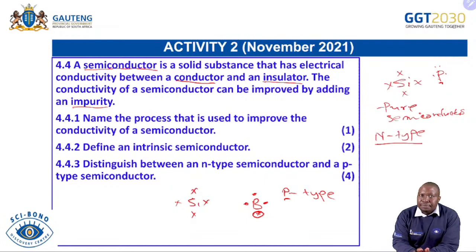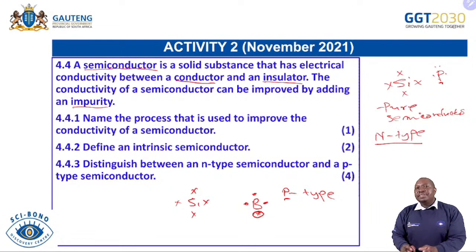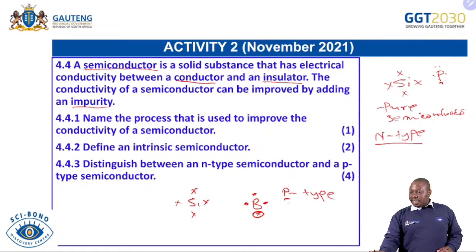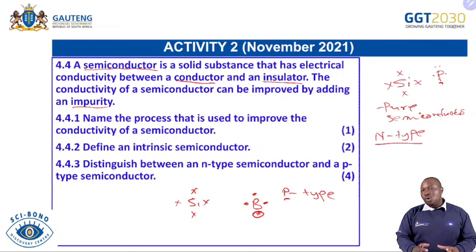And we said, for us to come up with a p-n junction, our p-n junction diodes, we're going to bring the n-type and the p-type together, so that the positive holes can move towards the negative electrons, and the electrons can move towards the positive holes.